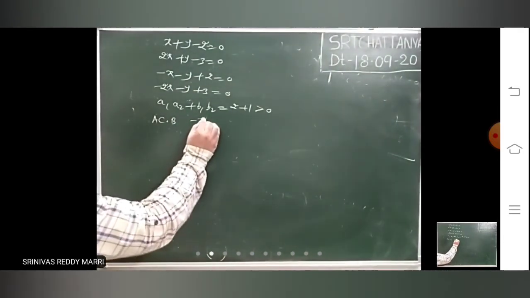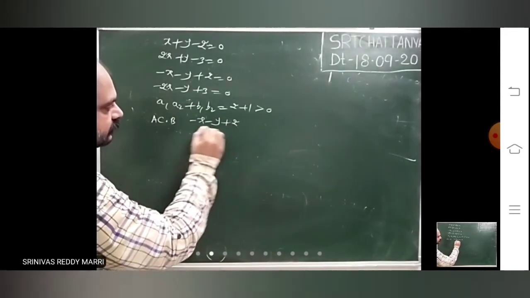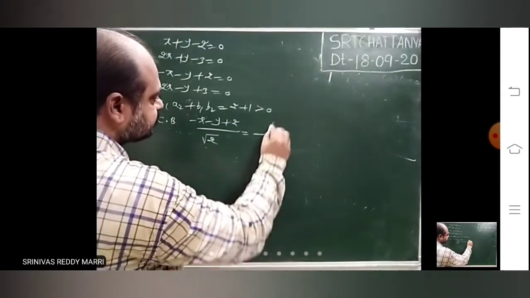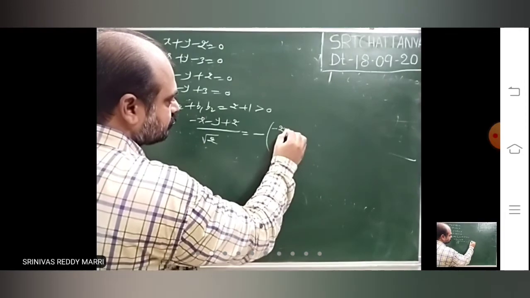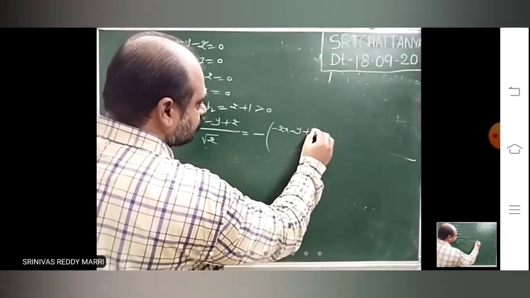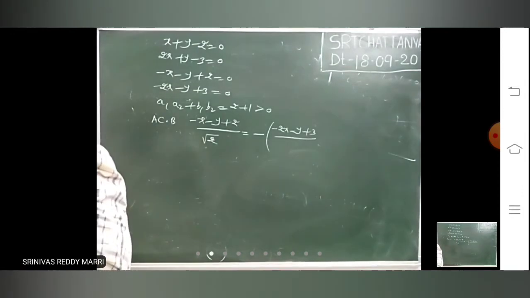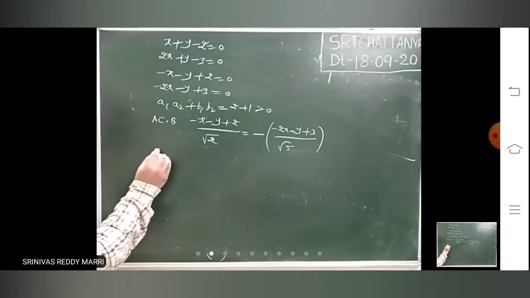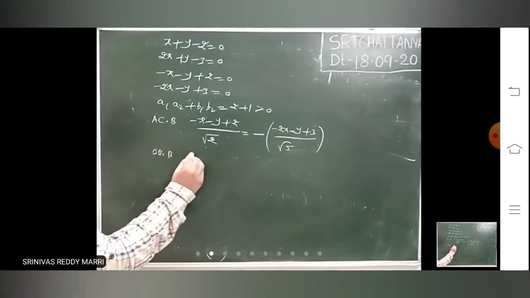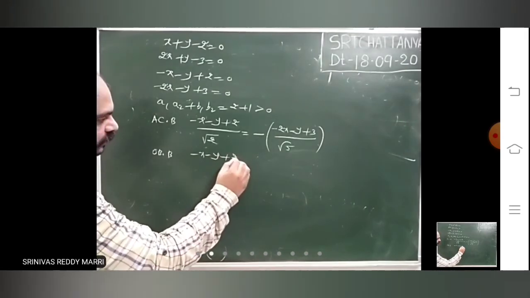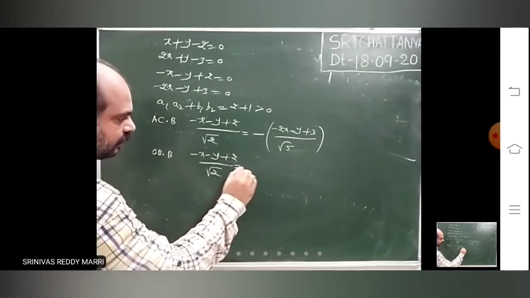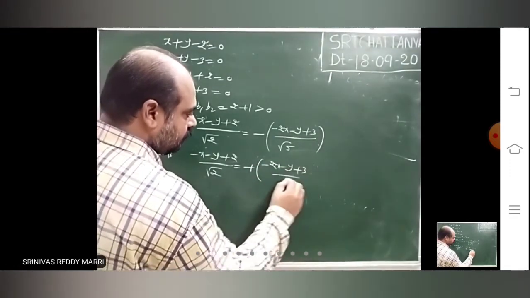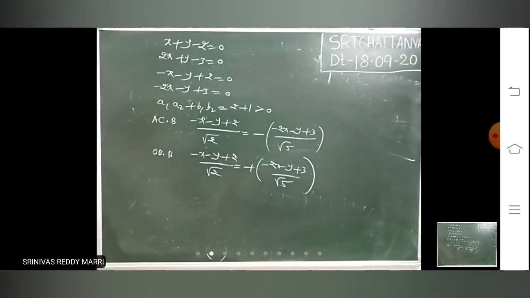Acute angle bisector is, divided by, equal to minus, divided by root 5. This is the acute angle bisector. Minus 1 is the acute angle bisector, plus 1 is the obtuse angle bisector.